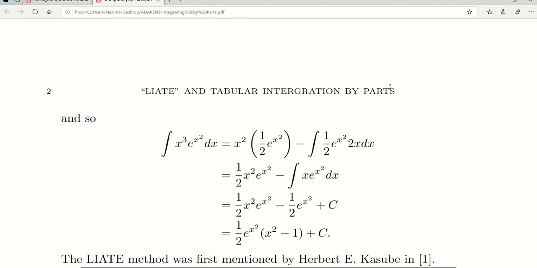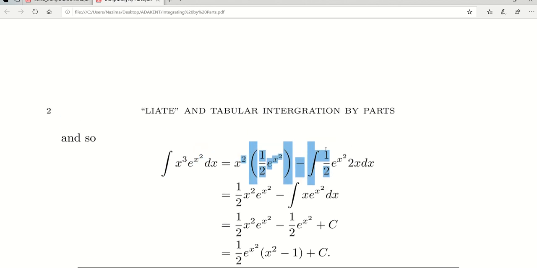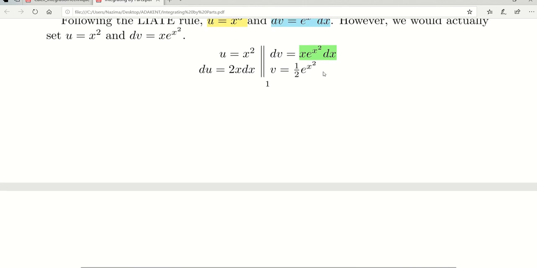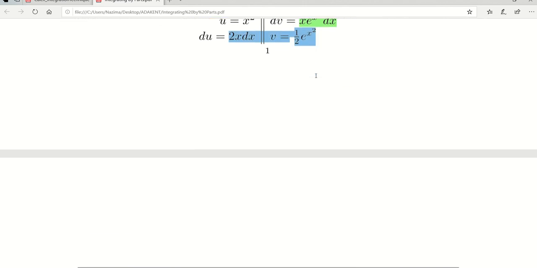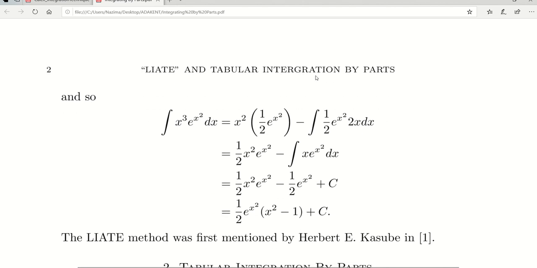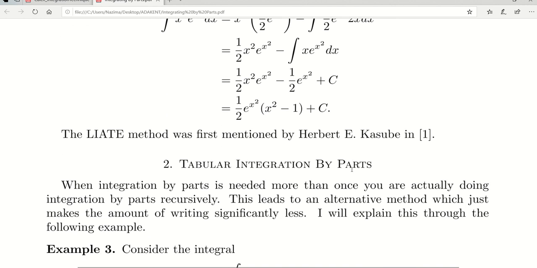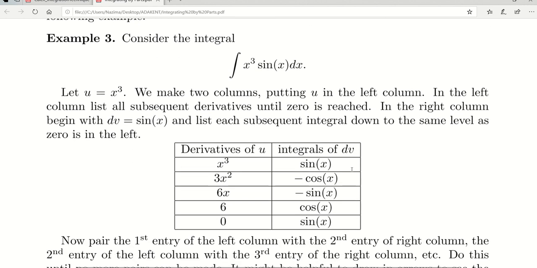And we get this. Here this is uv minus the integral of this, 1 over 2 e to the power x squared, this part, v du. Okay, and we reach this conclusion.